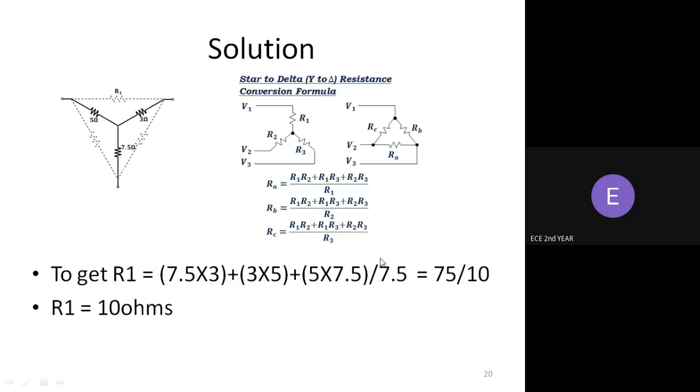So we calculate this equation. The numerator is 75 and divided by 7.5 is 10 ohms. R1 is equal to 10 ohms.